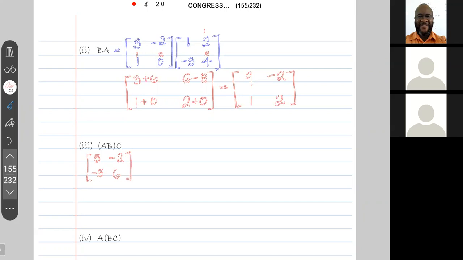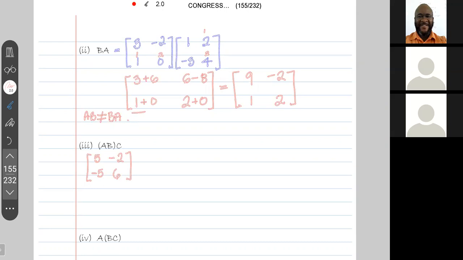I just want you to note that AB is not equal to BA. Notice this is AB and BA and they are not equal. So the multiplication of matrices is not commutative. When an operation is commutative, you say the order does not matter. That is not the case with matrices. With matrices, when you multiply matrices, the order matters.